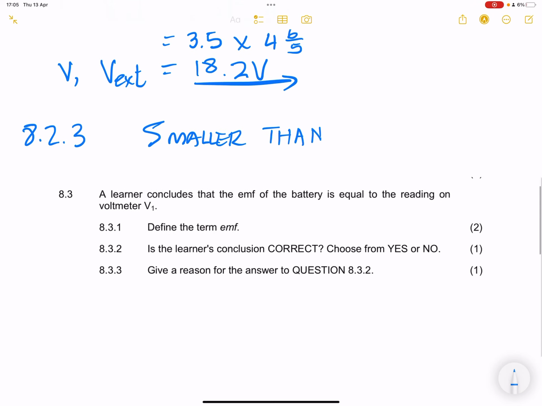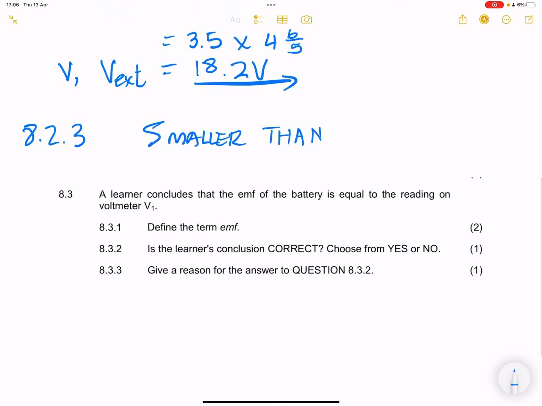Right, now they say to us, a learner concludes that the EMF of the battery is equal to the reading on voltmeter V1, right? Well, obviously that's not going to be true, right? Because remember that because we've got an internal resistance, part of the energy that is supplied by the battery in this case will be lost to the internal resistance, right?